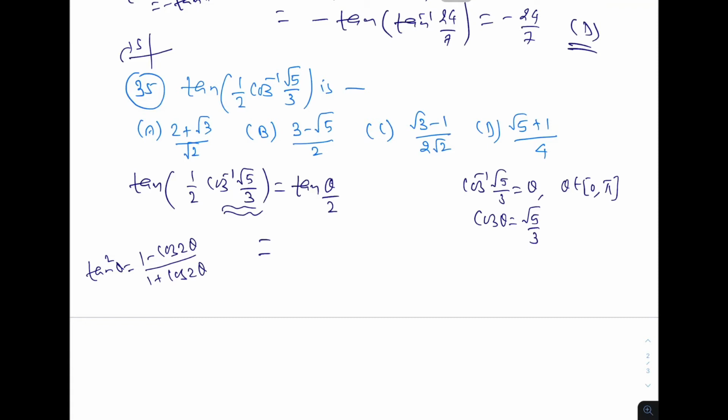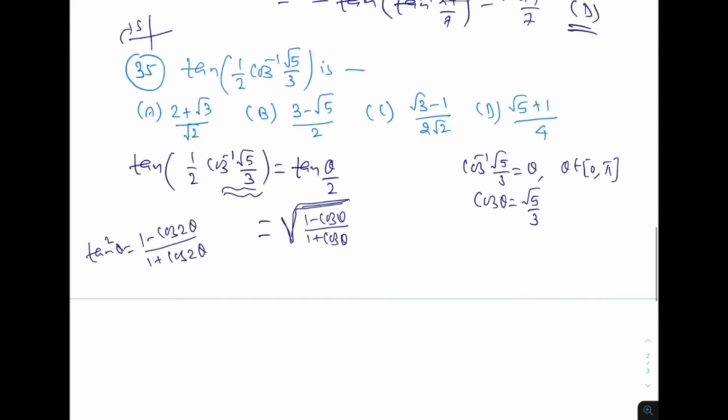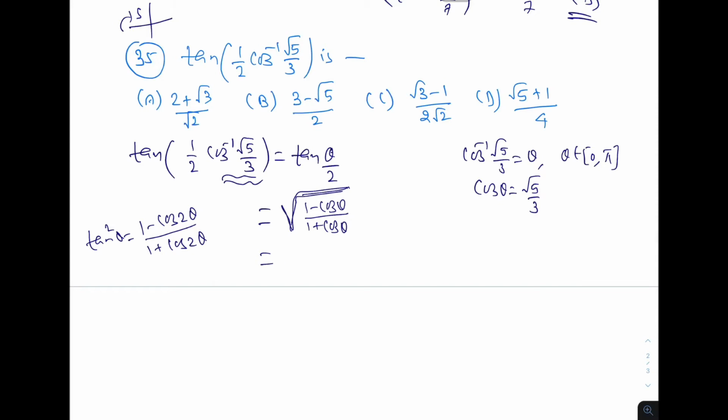So tan of theta by 2 is root of 1 minus cosine theta over 1 plus cosine theta. Now cosine theta is root 5 by 3. So 1 minus root 5 by 3 over 1 plus root 5 by 3.